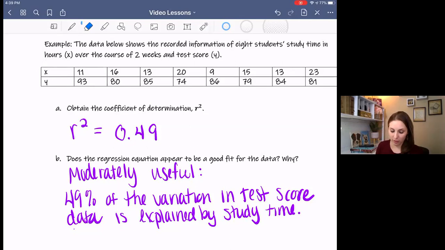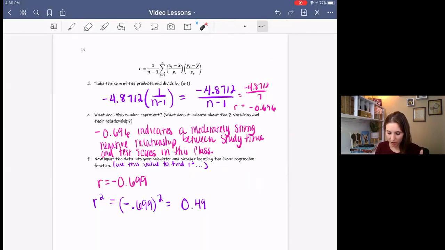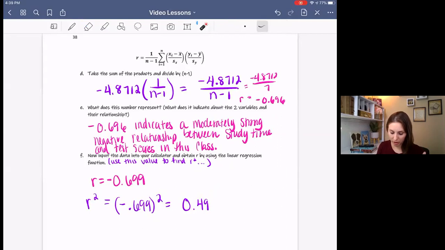So if you have r squared, you can square root it to get r, or likewise, if you have r, you can square it to get r squared. Isn't that so wonderful?